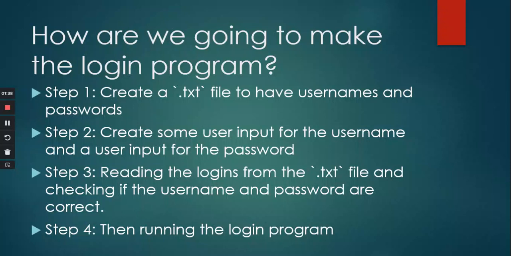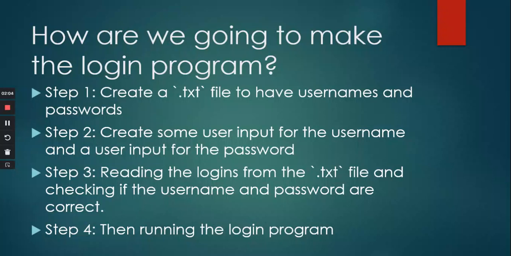First thing to do, you have to create a separate text file which has the usernames and passwords. Then we'll have some user input. So the program will take some user input for the username, then another user input for the password. Then we'll read the logins text file and check if the username and the password are correct.